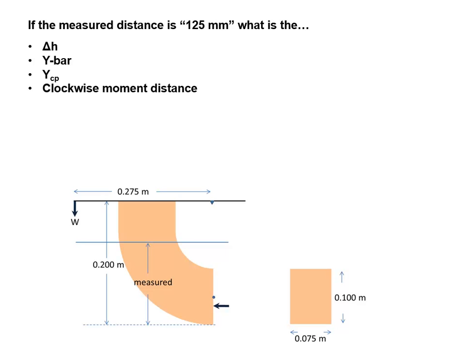The water is pushing on that face, and we want to know how deep underneath the water that force is located. That's what YCP will tell us. And when we go through and do the calculations, we get the YCP is 0.0861 meters. That's the location of the theoretical hydrostatic force.